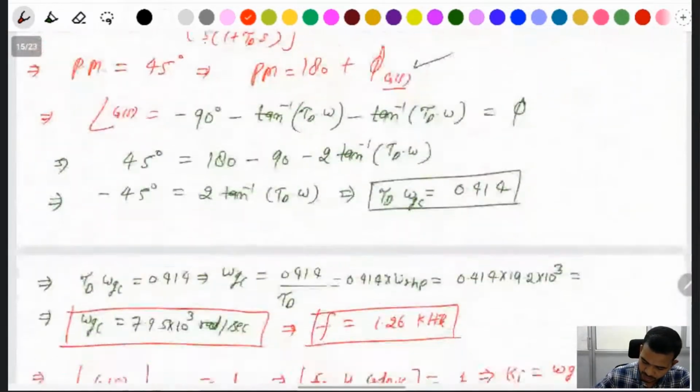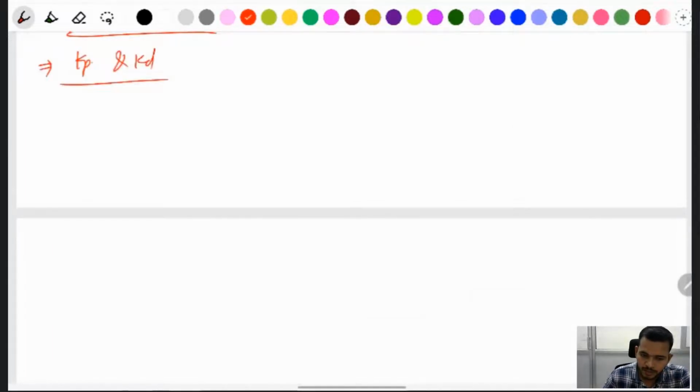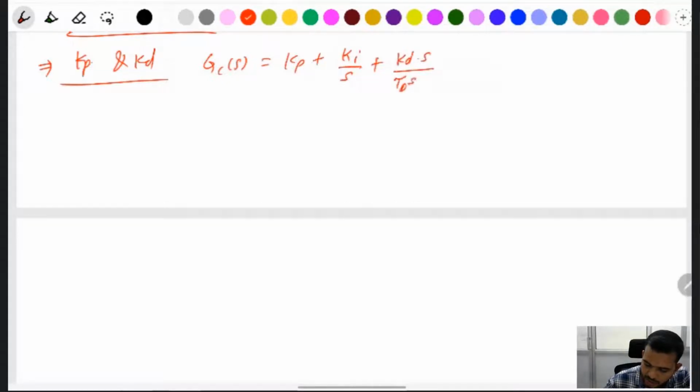Kp and Kd values next. For Kp and Kd, take a GT. I will explain the controller. G(s) is given Kp plus Ki divided by s plus Kd into s divided by tau d s plus 1.